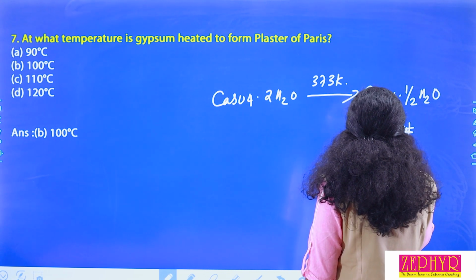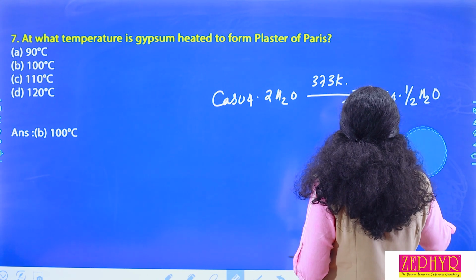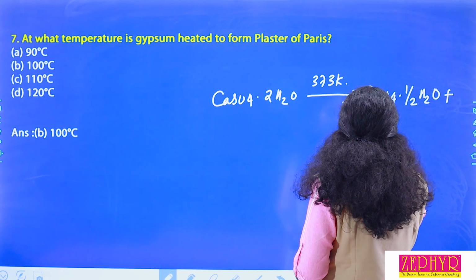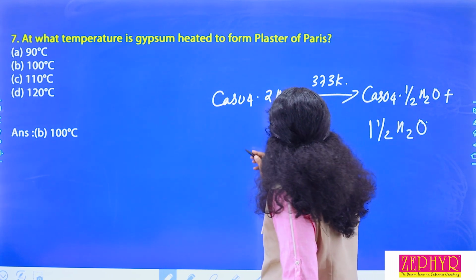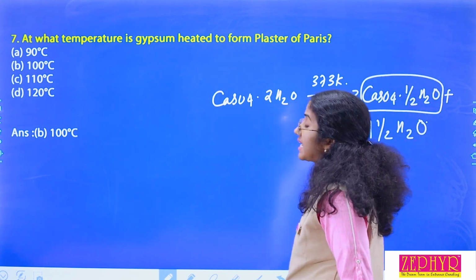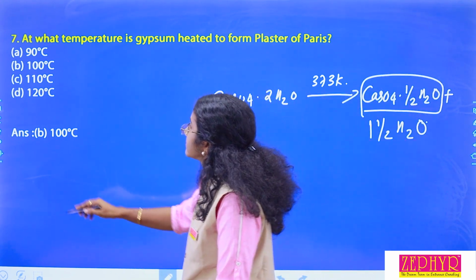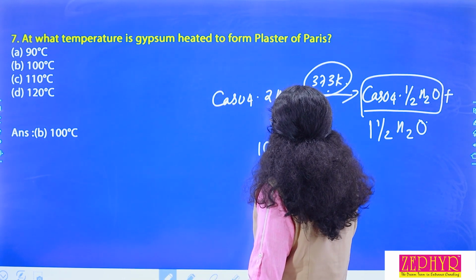So this is called plaster of Paris. 373 Kelvin means 100 degrees Celsius.